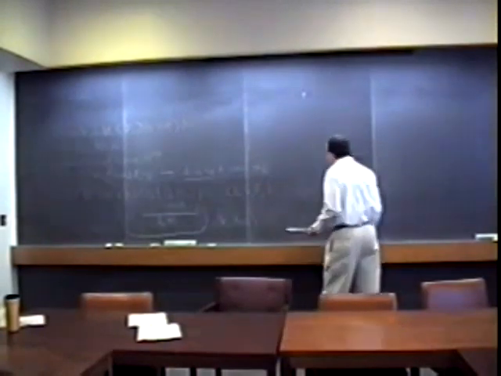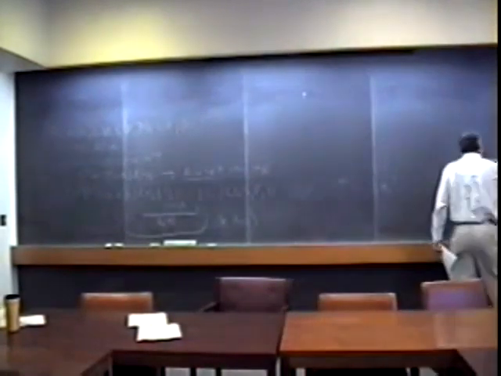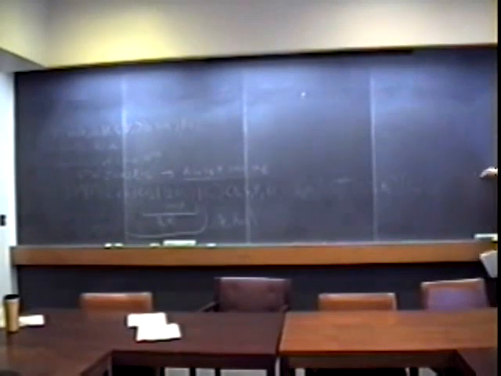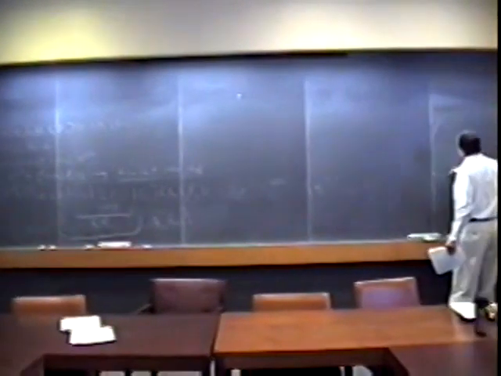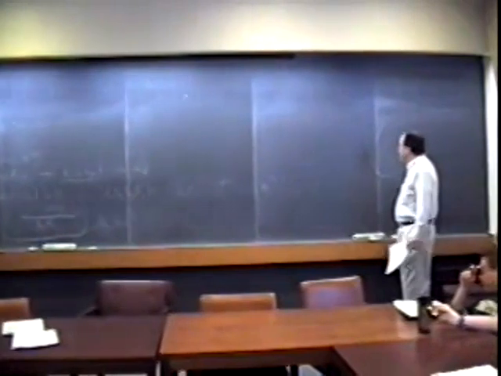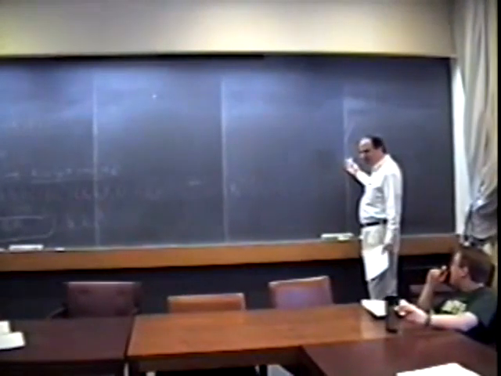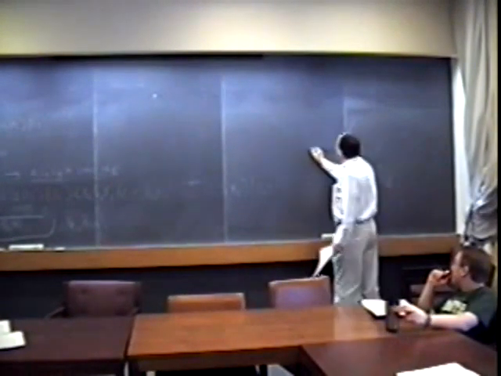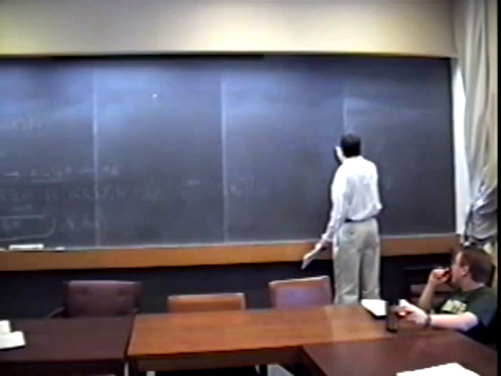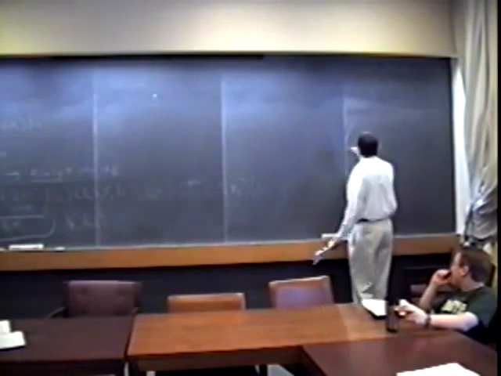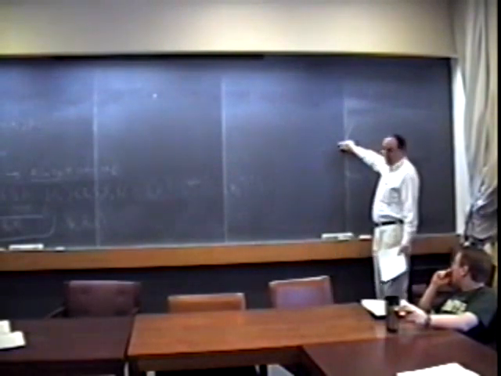So, well, maybe I should just jump ahead. Suppose we have two potential curves that cross. Okay, and we're observing energy levels which accidentally are near each other.